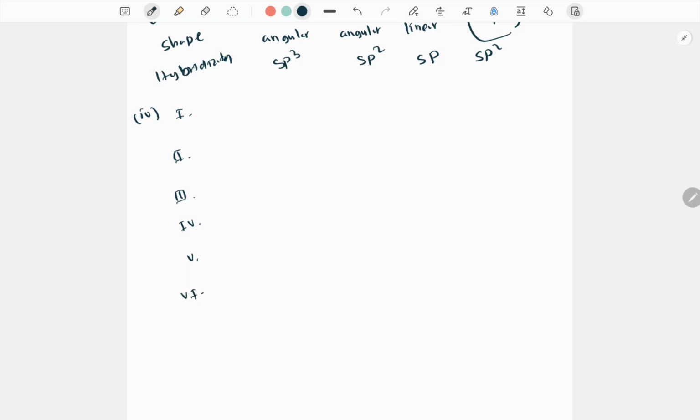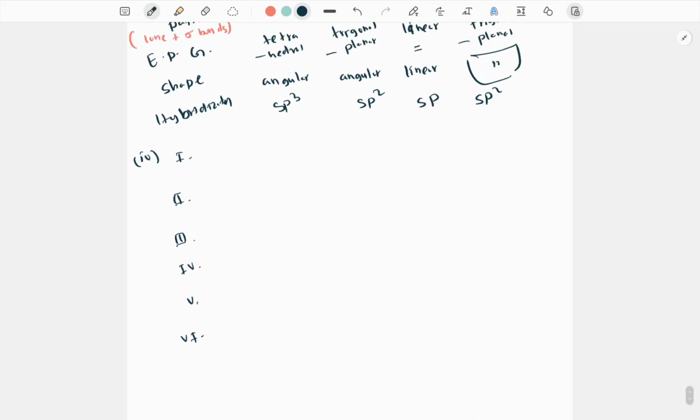What are the sigma bonds they have considered?